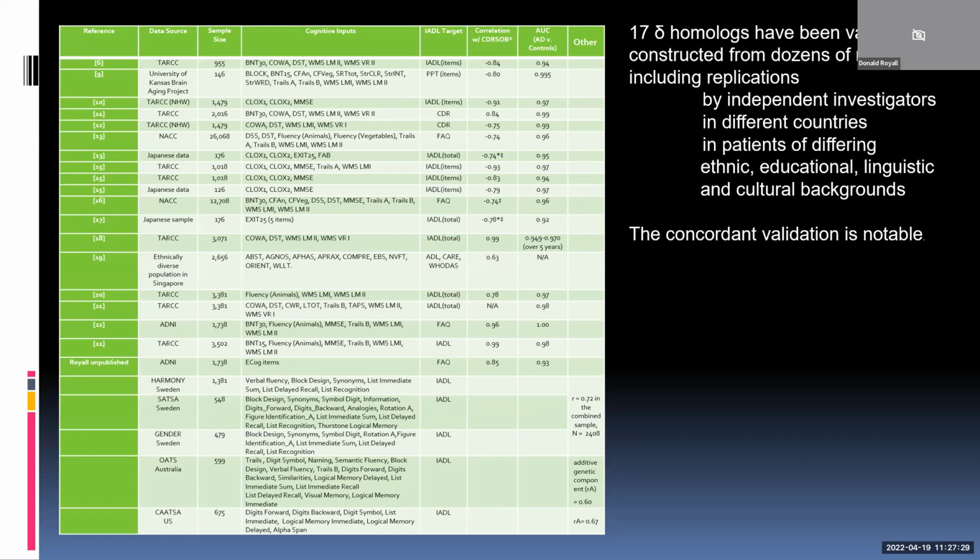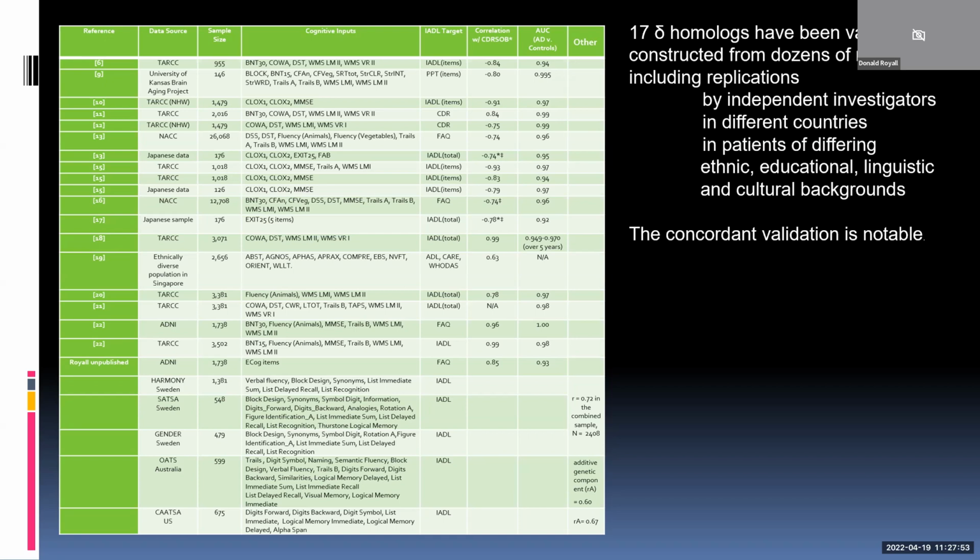These are relatively large databases, so there's not going to be a convenient sample bias. And D homologs have been constructed from a wide range of measures. You're really not limited in what you could put into a D homolog, with the caveat that you want it to be relatively comprehensive.